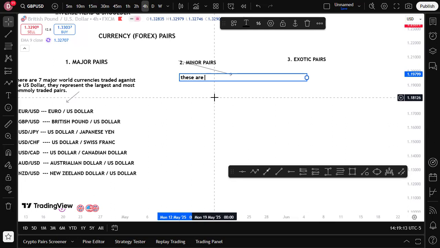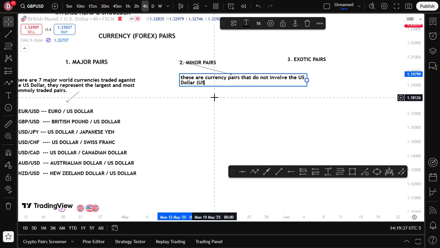So these are currency pairs that do not involve the US dollar, or they do not trade with the US dollar, right? That's the USD.